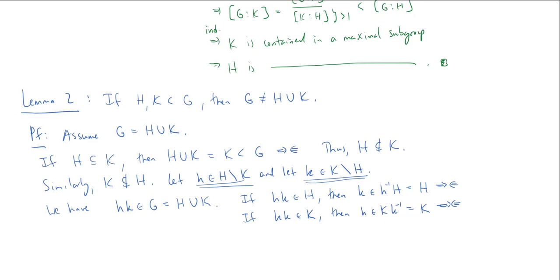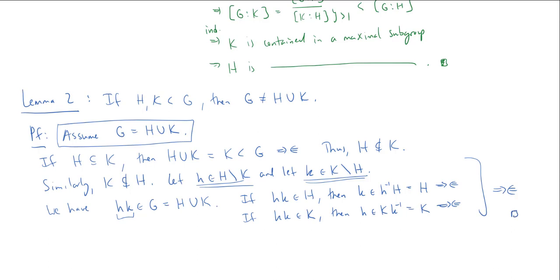So this whole thing shows us that this element hk, which is an element of G, and so should be in H or in K, is not in H or in K. And so this entire setup is a contradiction. And that contradiction comes from the assumption that G can be written as the union of two proper subgroups.